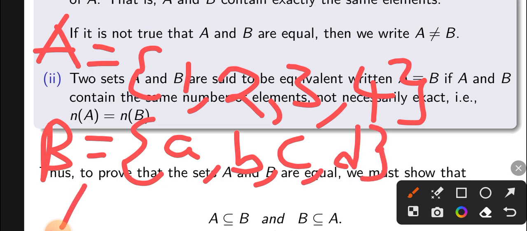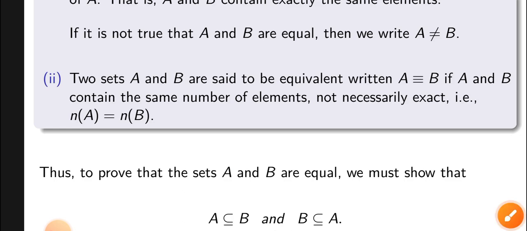Then you say A is equivalent to B. So let me echo that again. If set A contains the exact same elements, meaning the number and the type, as B, then we say A is equal to B. But if set A contains the same number of elements as B, then we say that they are equivalent.